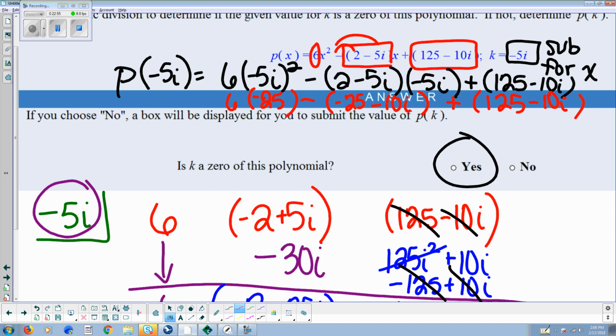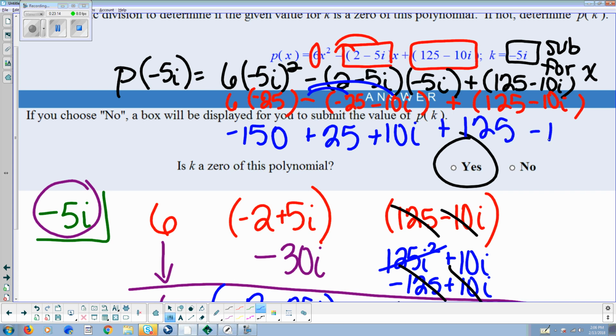Okay, then if I continue simplifying here, 6 times -25 is -150. The negative gets distributed here, and I get plus 25 plus 10i plus 125 minus 10i.